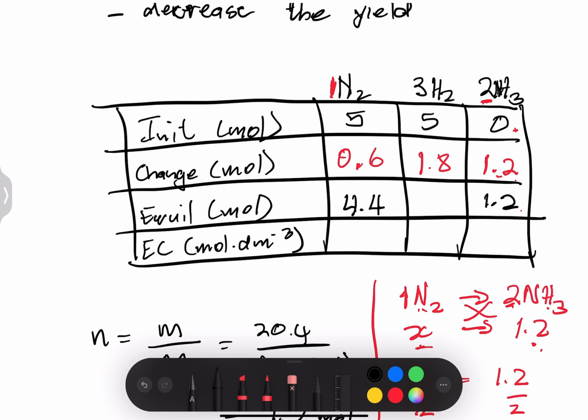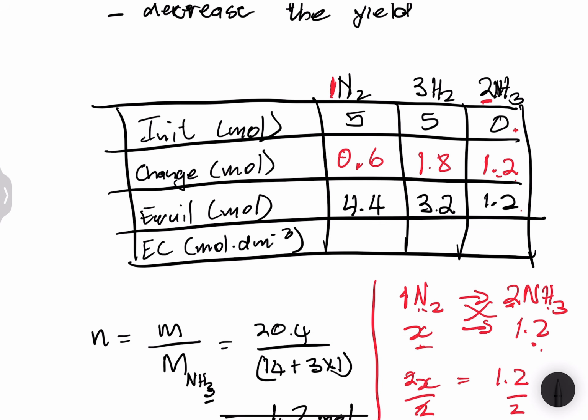I started with 5, I used 0.6, at the end I've got 4.4. And for hydrogen, I started with 5, I used 1.8, so at the end I would have 3.2. All right, now let's get to the last portion.